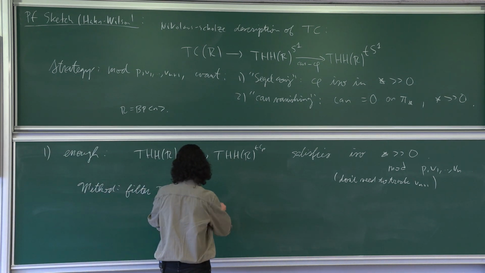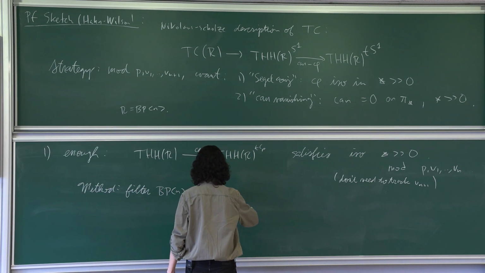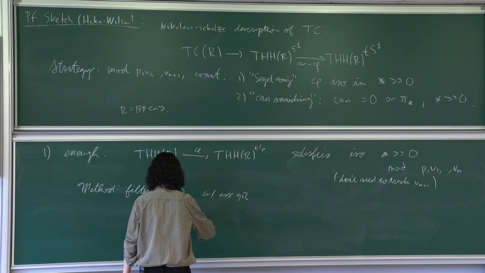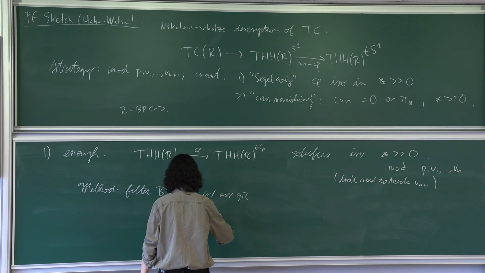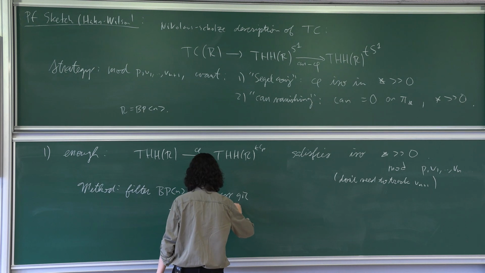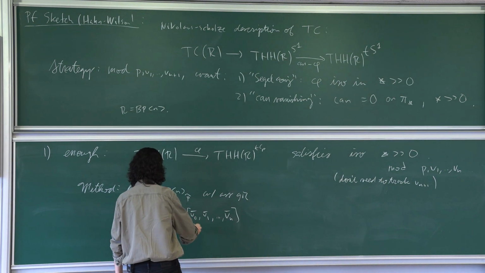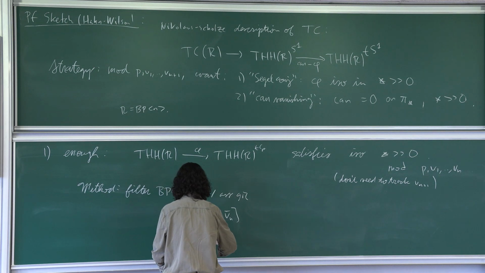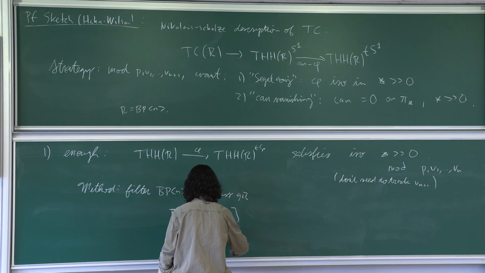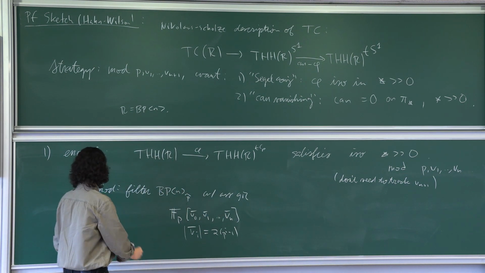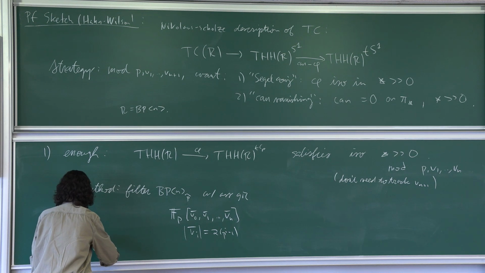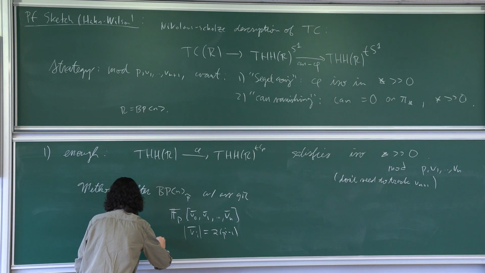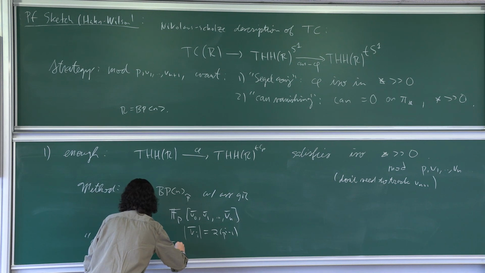So you put a filtration on this ring with associated graded a polynomial ring in some variables, where again this Vi is in degree 2 times p to the i minus 1. So it's a graded polynomial algebra over Fp.